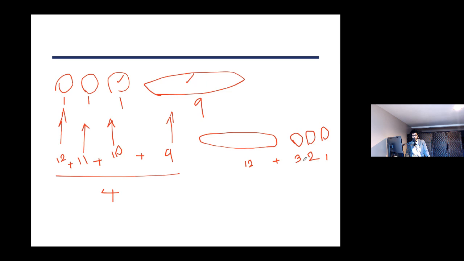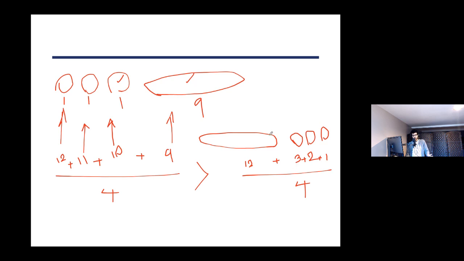Now you add these and divide by 4. As you can definitely see, this one is much lower than the other. So by just changing the order, I decreased the response time. I improved average response time.